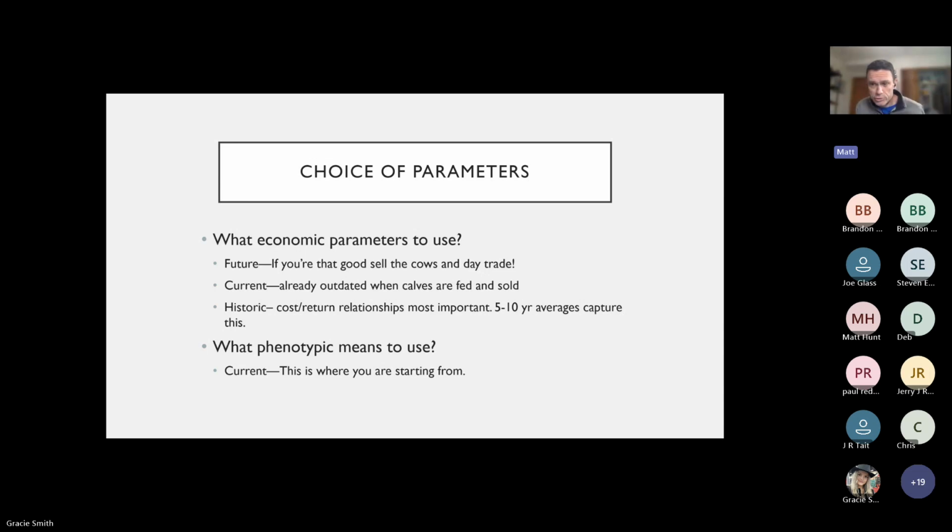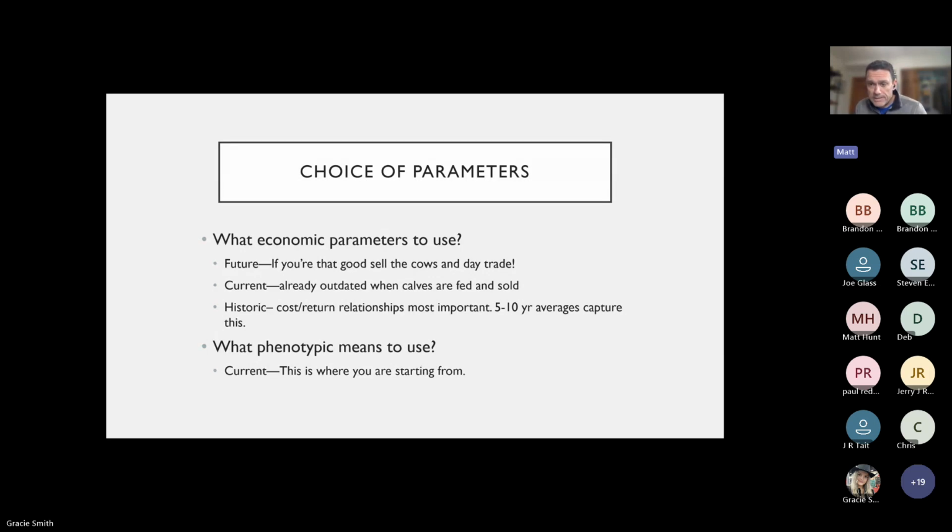So taking averages of costs and revenues over a 5 to 10 year time horizon is generally robust, because what you want to avoid is using values when we're at the peak of some market cycle to inform decisions when calves are going to be marketed towards the bottom of that cycle, or vice versa. So using averages over a longer time horizon provides some robustness against that.